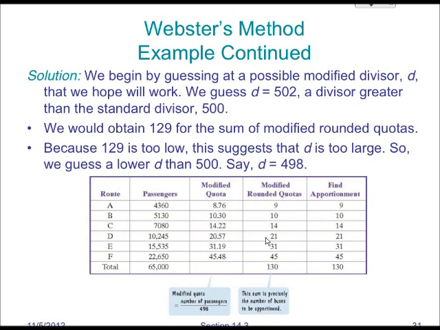So we start with a guess of 502. When we divide by 502, we end up with 129. 129 is too low, so we lower the divisor from 502.